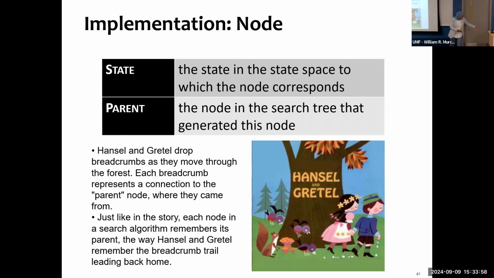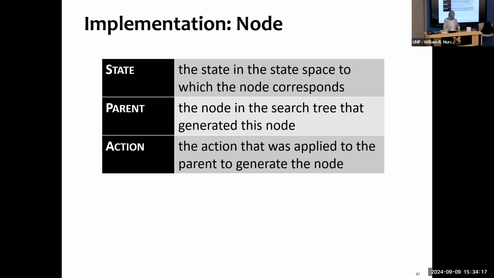So we need to keep track of something. But if you do not save that in the explored list or in a given data structure, what happened to them will happen to you: you will get lost. This is why you need to be aware of the importance of the explored set, which keeps track of the parent. And also we need to keep track of the action, which is applied to the parent to generate the node.